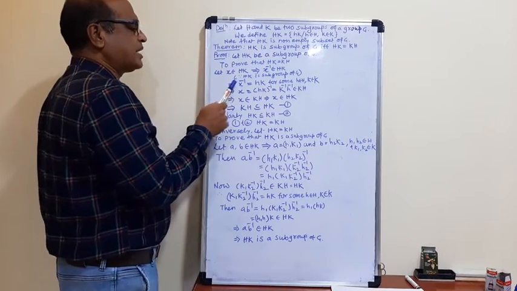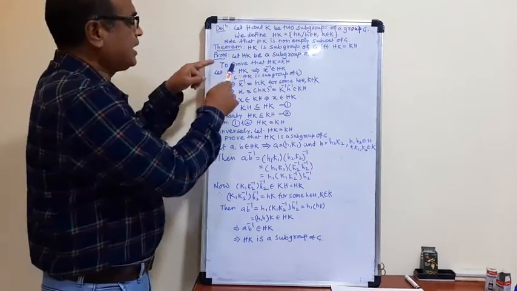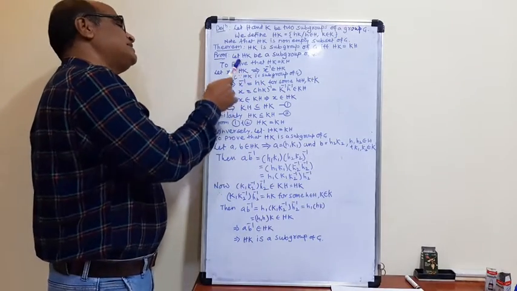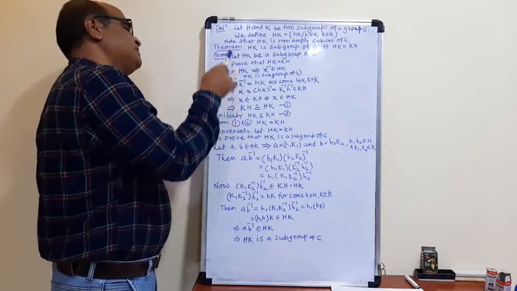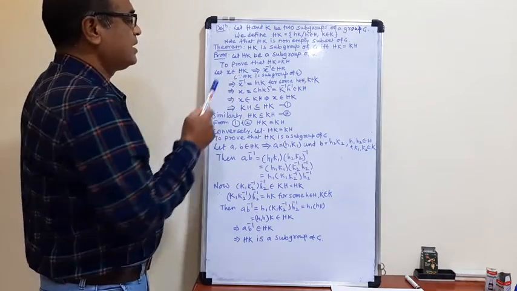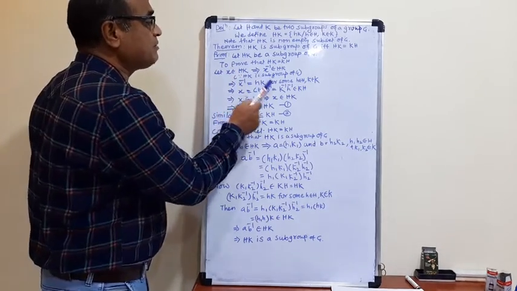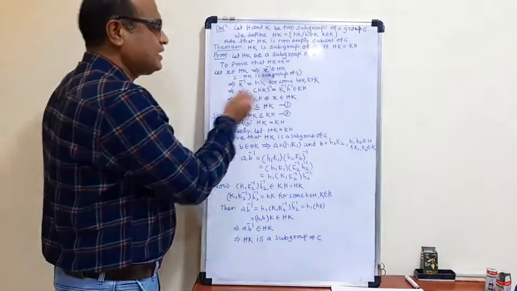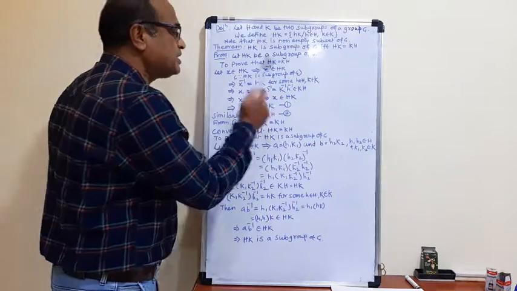Taking the inverse of both sides, the inverse of x inverse is x itself, which is equal to (hk) inverse. Then (hk) inverse is equal to k inverse h inverse.